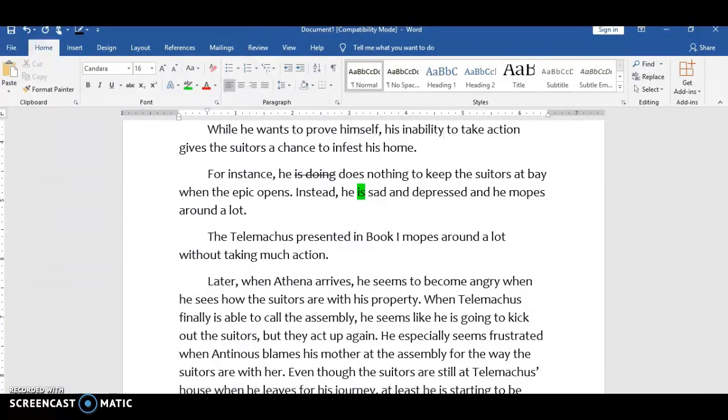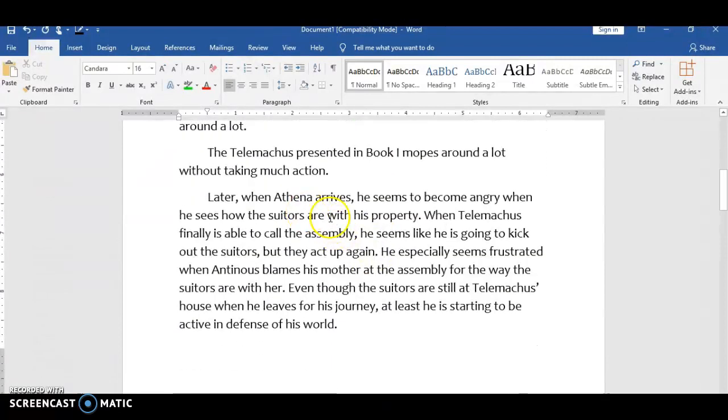So I got the idea of the suitors into the previous sentence, so I was able to eliminate that from this sentence, and I tied in the opening of the epic by using Book 1, and I got rid of my linking verb. All right, I'm doing pretty well.